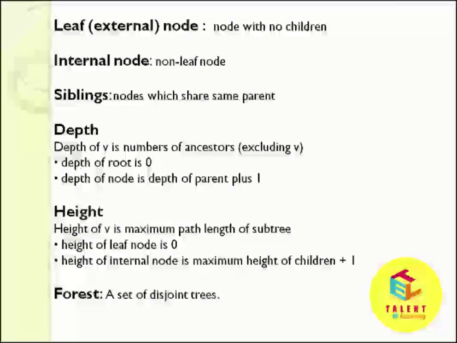Leaf or external node. A leaf or external node is a node with no children. It is sometimes called terminal node. Internal node. It is a non-leaf node. Siblings. Siblings are the nodes which share same parent.